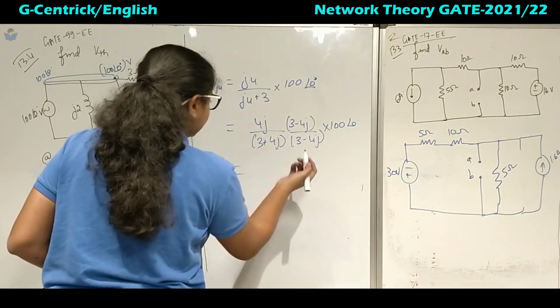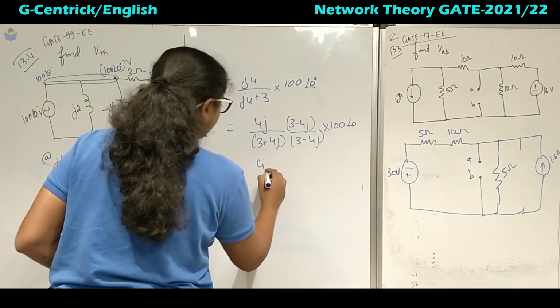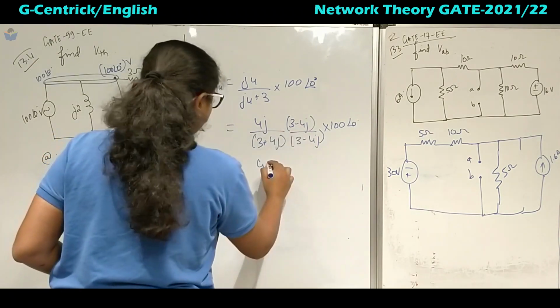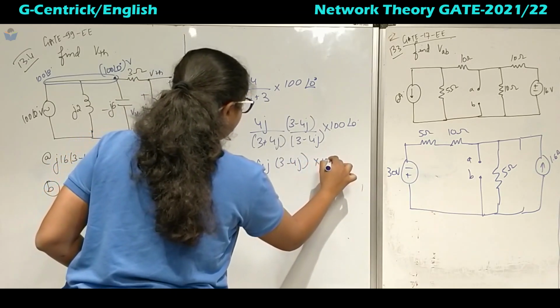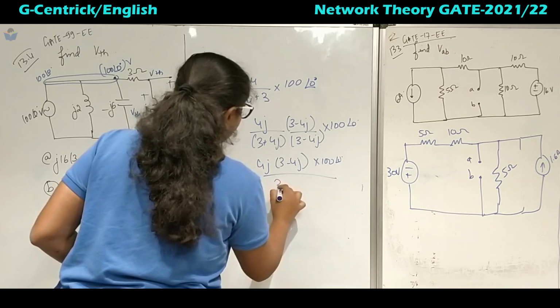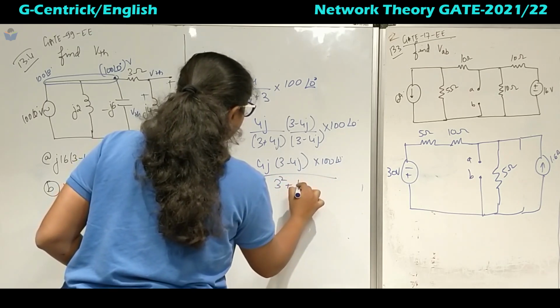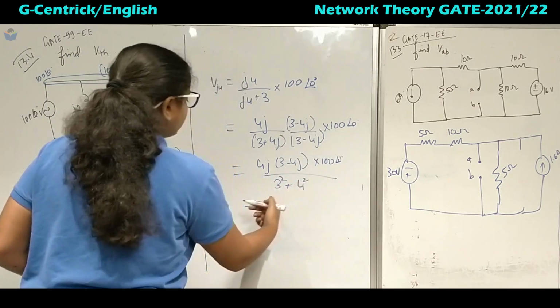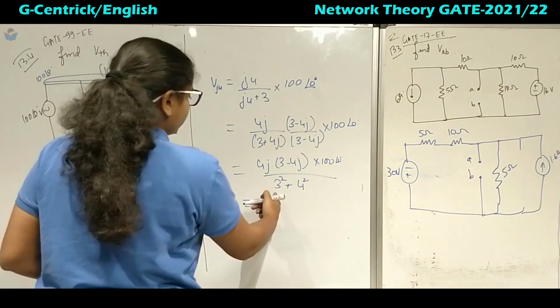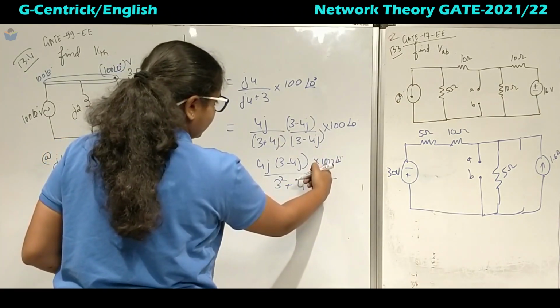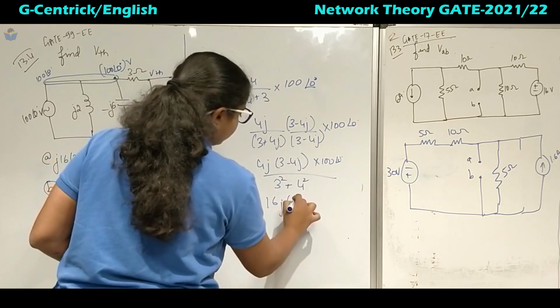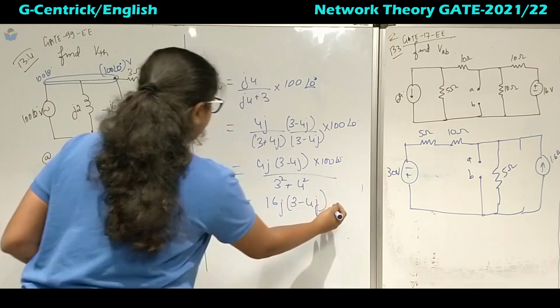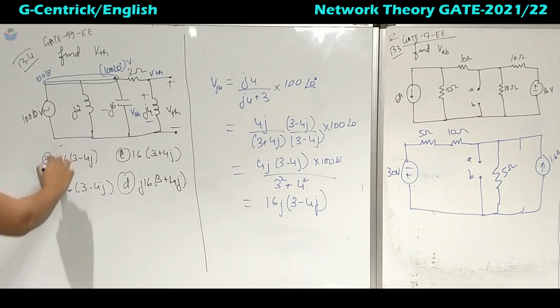See the answers, then start solving the questions. So you have 4j into 3 minus 4j, into 100 angle 0 degree, over 3 square plus 4 square. So 16 plus 9 is 25, and this gets cancelled by 4. So 4 into 4 is 16j, 3 minus 4j. In the options it is the first one.